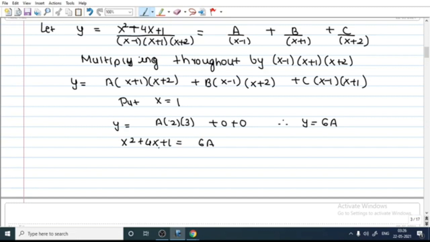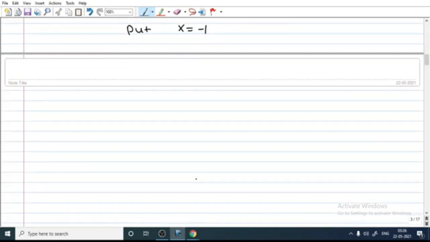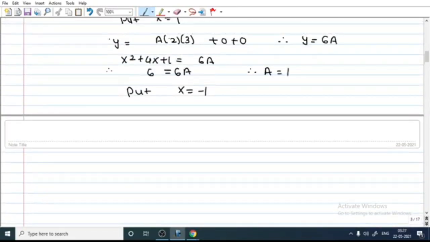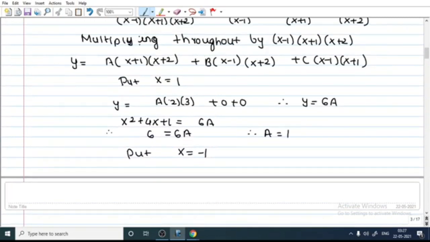We will put x equals 1, then it becomes 1 plus 4 plus 1, which is 6, so 6a, therefore a equals 1. Put x equals minus 1. If I put x equals minus 1, this term will become 0 and this term will remain, while this term will also become 0.